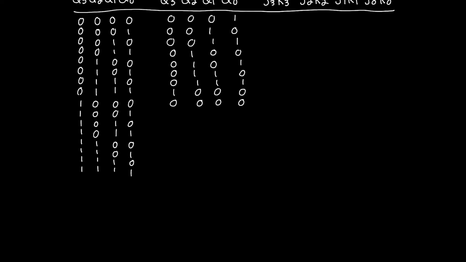Now, I'm getting to the invalid states, and as the designer, I have a decision to make here. I can choose one of 2 options. I can say, you know what, it doesn't matter what the next state is, and then I can put X's in all the rows and columns here for the next state.